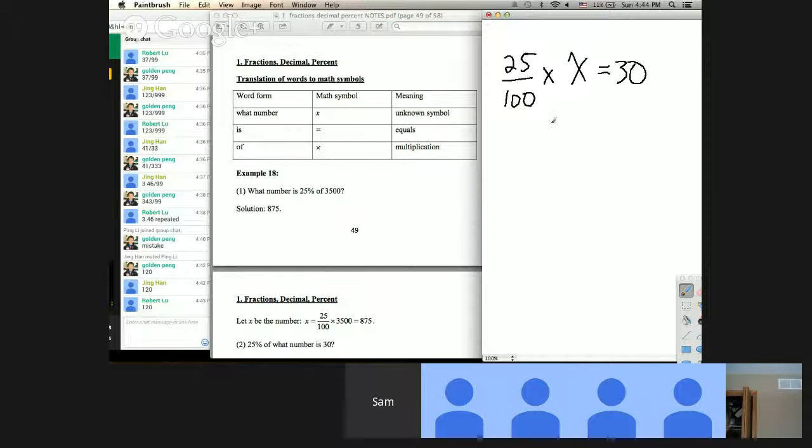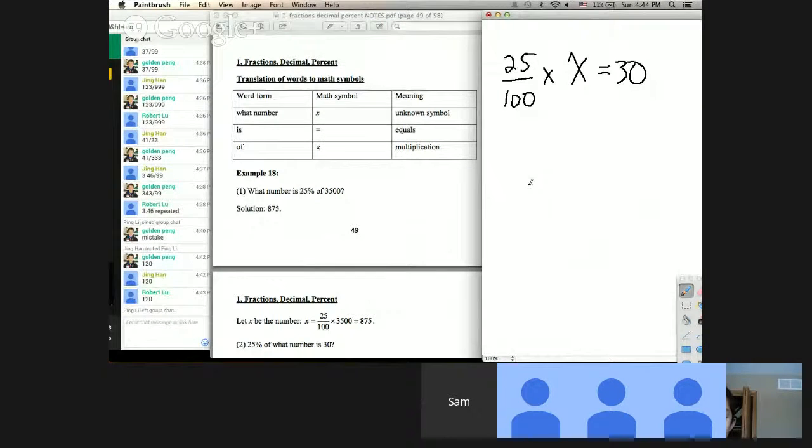So it's 25 over 100 multiplied by x equals 30. We multiply both sides by 100 over 25 to get x by itself. So x equals 30 times 100 over 25, and this is just 30 times 4, which is 120.